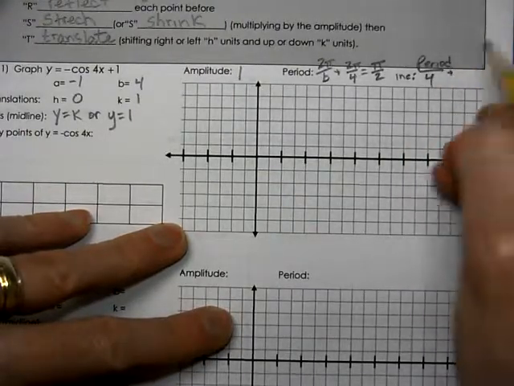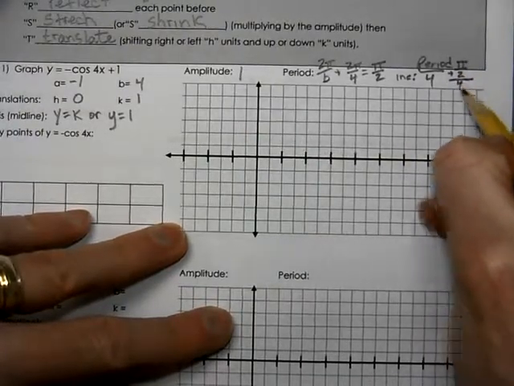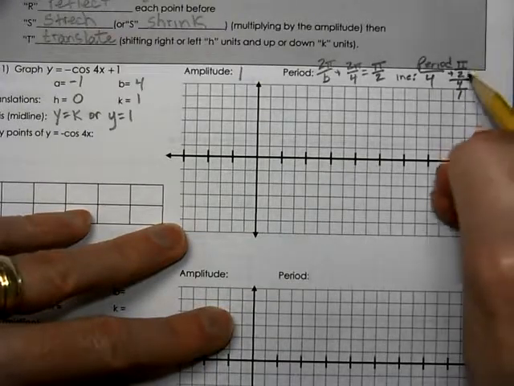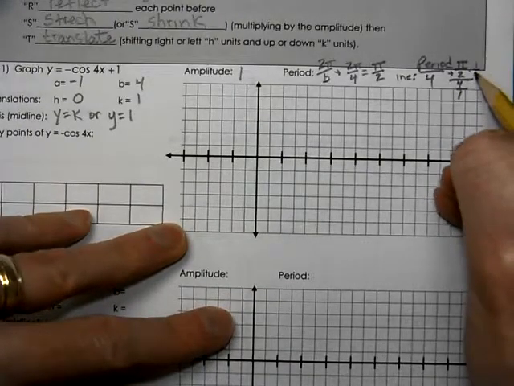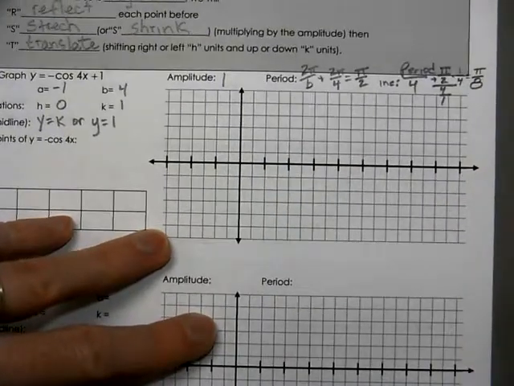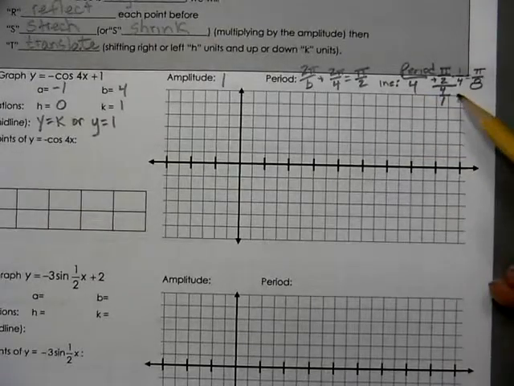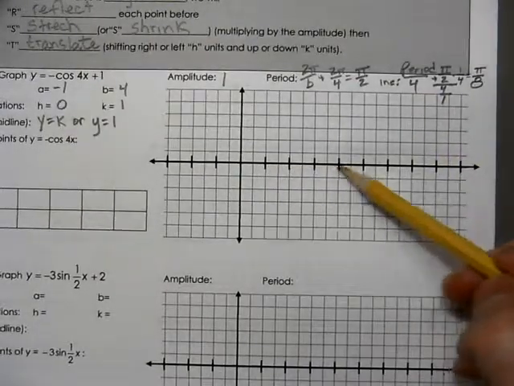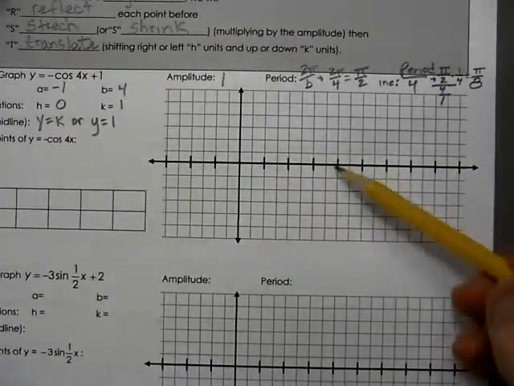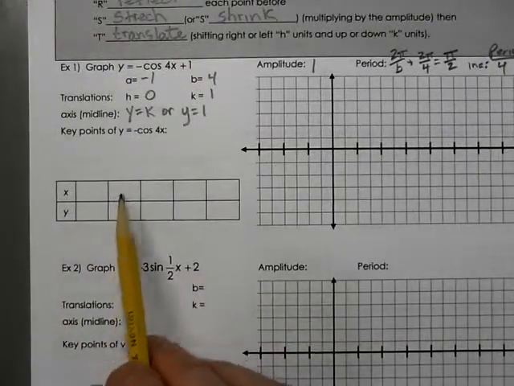So to calculate that, we're going to take pi over 2 and divide that by 4. You can consider that 4 over 1. And we'll multiply by the reciprocal to get pi over 8. So that's our increment. What an increment means is that's how the x values are going to change as we build our graph. We also use the increments on our table.